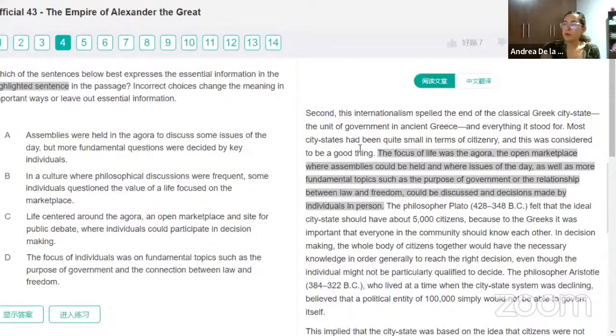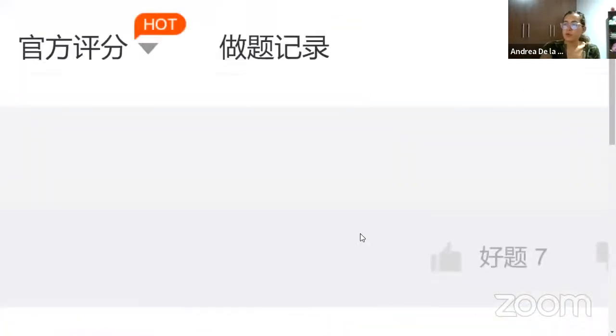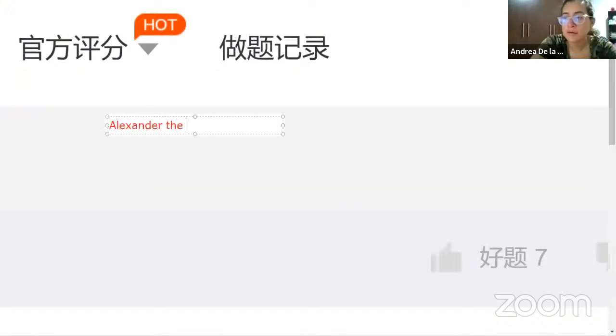Es como, por ejemplo, yo digo, y es muy común en ese tipo de preguntas tener algo así, ¿no? Alexander the Great. Y ahora podemos empezar a describir quién era Alexander the Great.